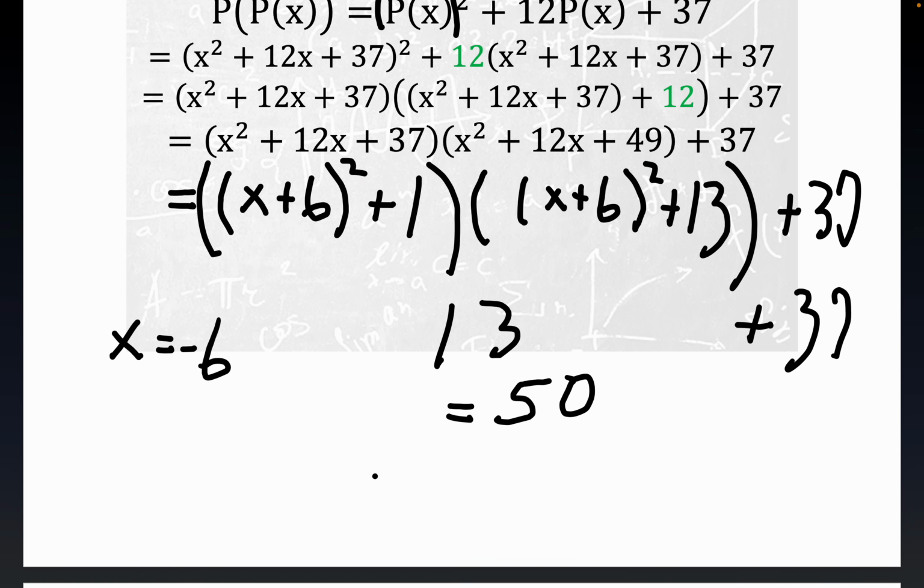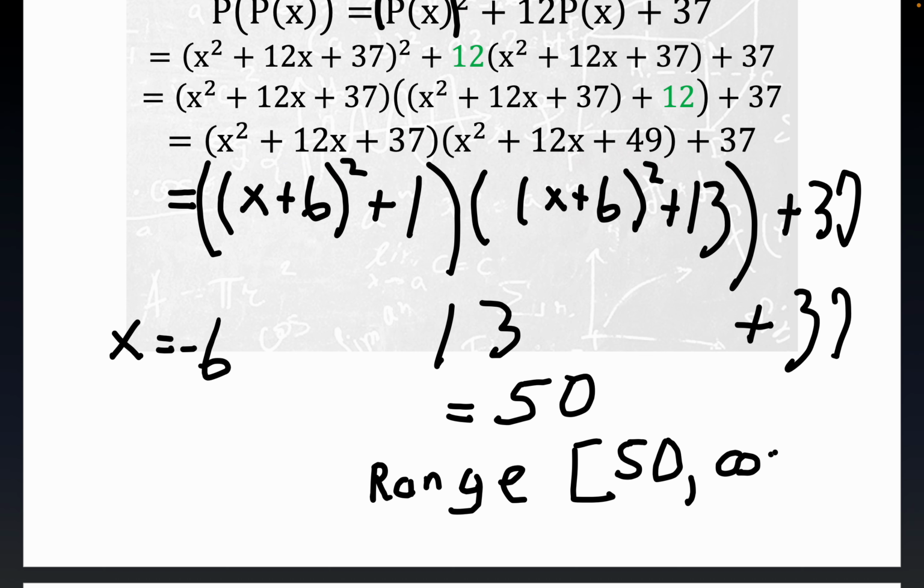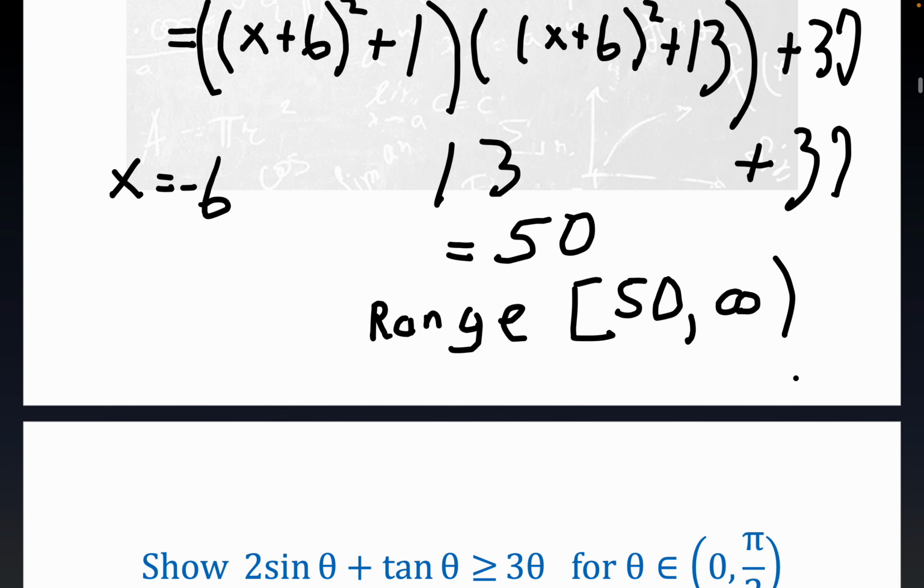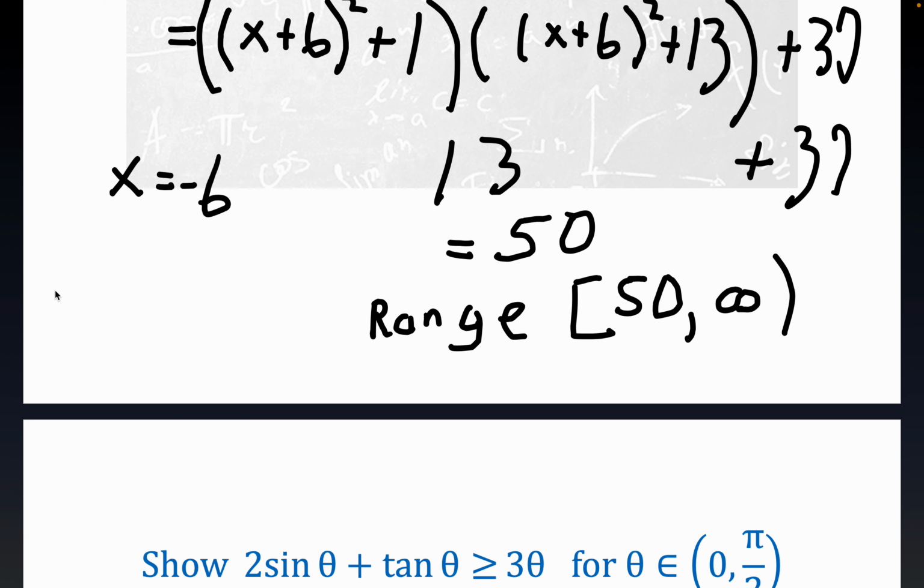So in other words, I'll write down the range, and I'll use the interval notation here. The range is going to be all the values between 50 and on. Okay, so this is really like the equivalent to finding an absolute min. Now, if you want to be even more explicit about this, you could actually write 50 is less than or equal to P of x.